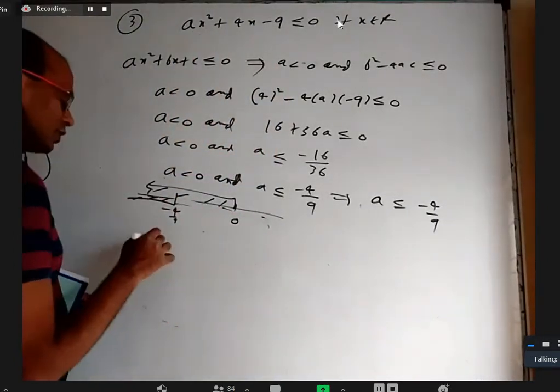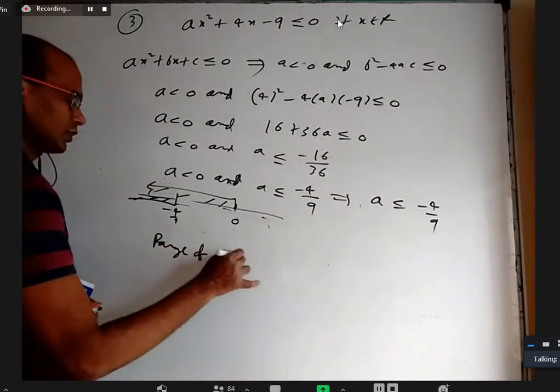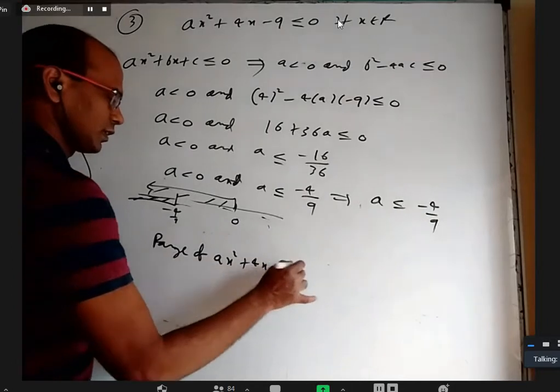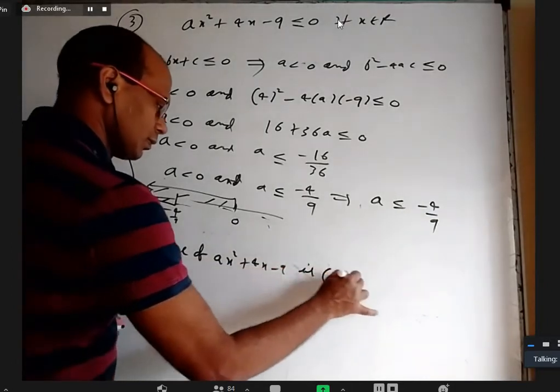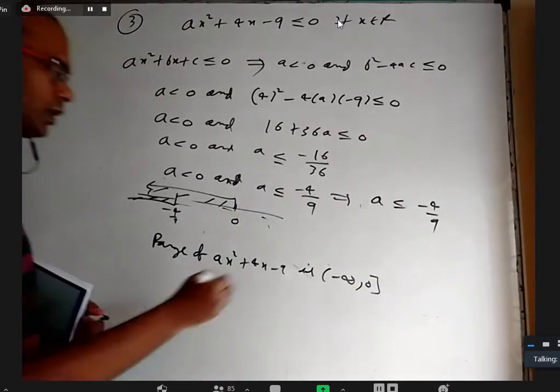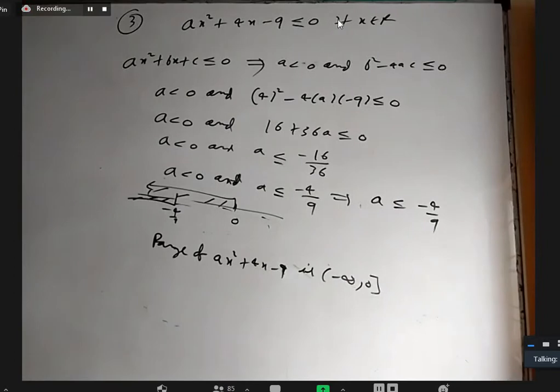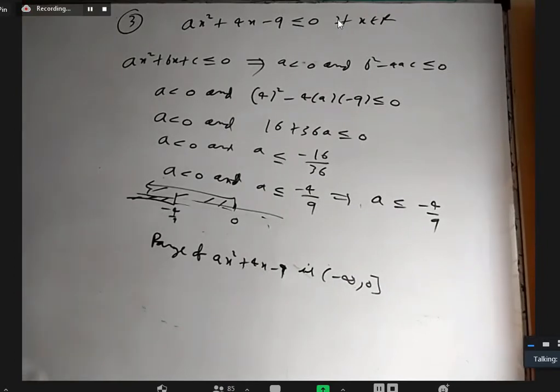That's the same question if they say the range of ax square plus 4x minus 9 is minus infinity to 0. Are the two questions the same? This question and this question, are they the same or anything different? Anybody want to comment?